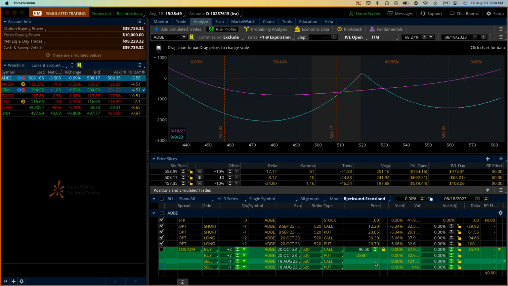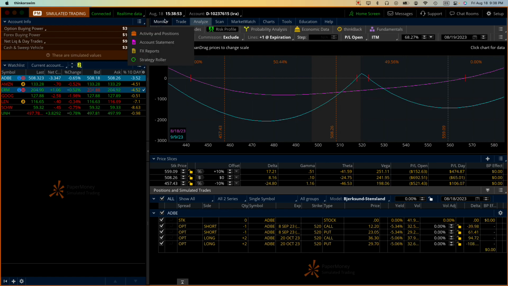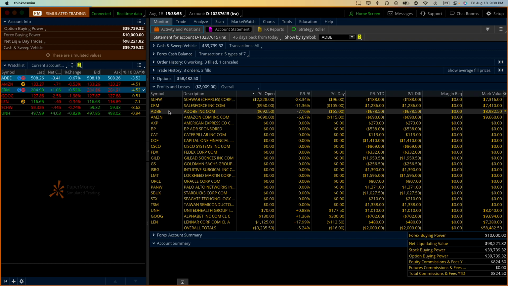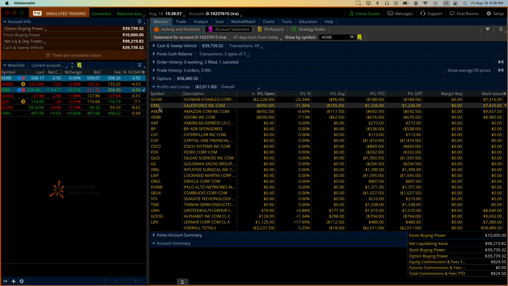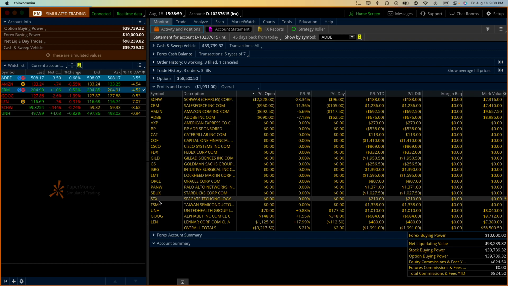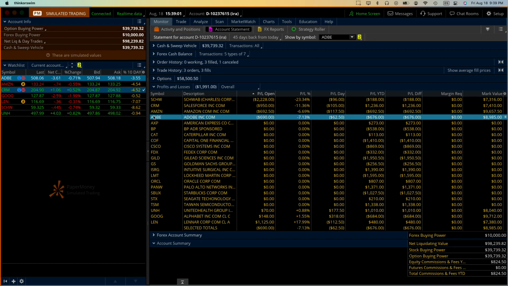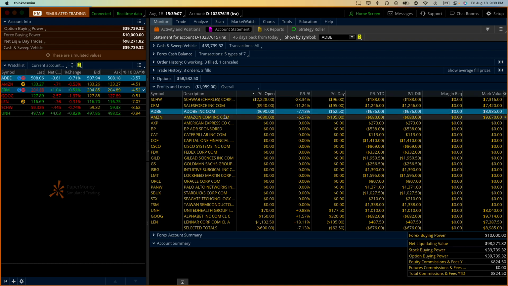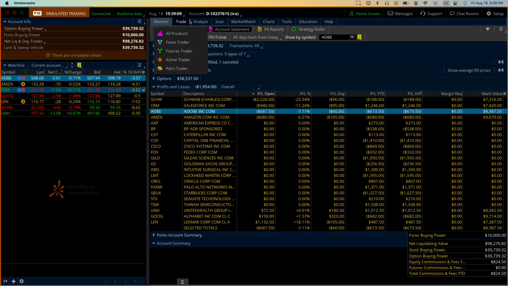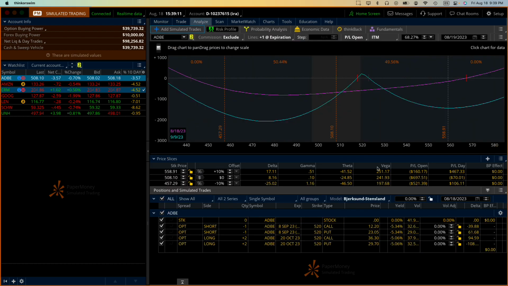They had already had the rollover, so I'm going to delete that and go to the Analyze tab and see here under the Activity and Positions, look for Adobe right here. And we have a little underwater here for Adobe. But it's looking okay. I don't need to change anything for now. Let's give it some time for September 8th for the trade to work.